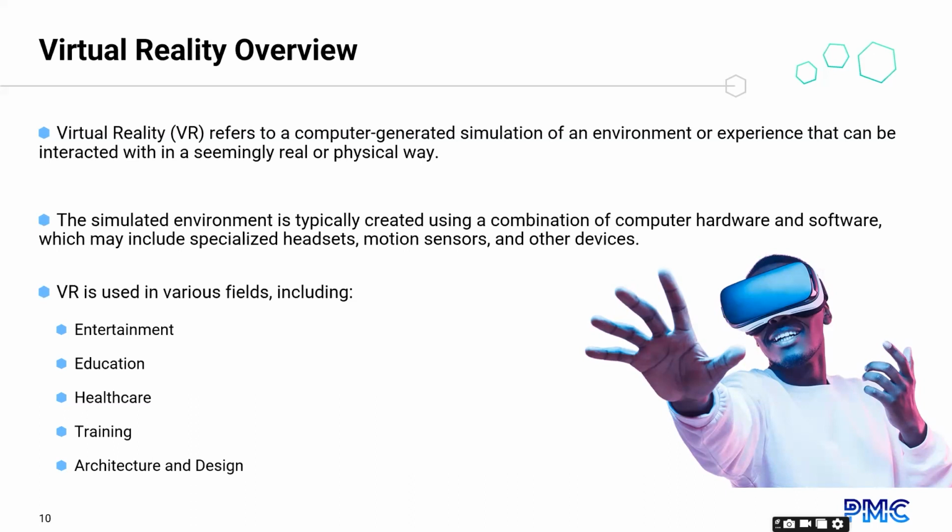They can use virtual reality for training simulations because we have a controlled environment where we can practice a series of scenarios. And we can also use it for architecture and design. So it can enable architects and designers to create virtual walkthroughs of the buildings and the space before they are constructed.